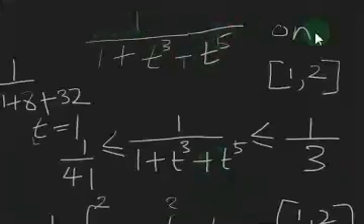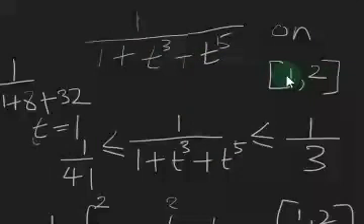This function is continuous on this closed interval. If a function is continuous on a closed interval, you can find the max and min of f. The maximum value occurs at 1 because the denominator takes its minimum at this point, and if the denominator takes a maximum value, the function becomes very small.